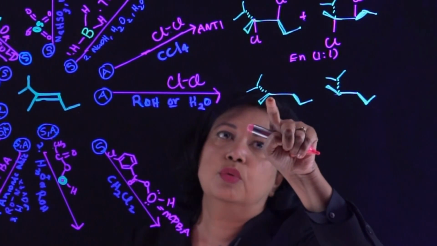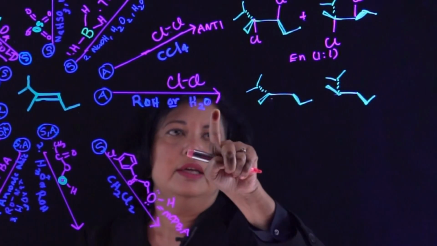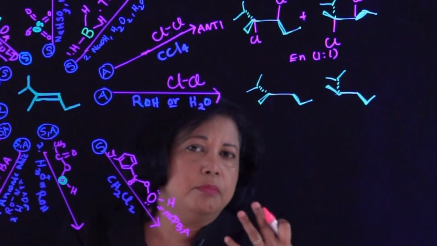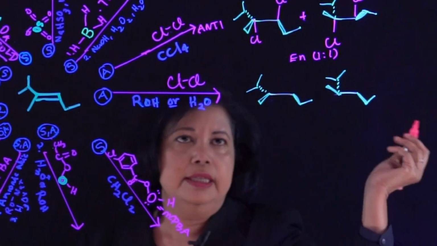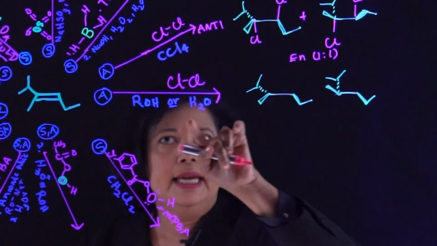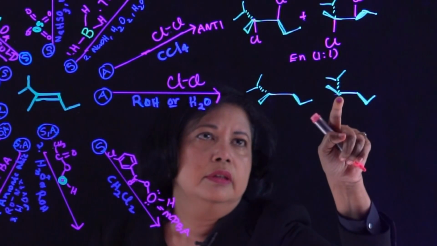It's going to attack right here, more substituted. It's not really going to prefer to attack here because this tertiary center can bear that positive charge a lot better than the secondary center, and we talked about it. So over here, you're going to get attack of alcohol or water here and here, not here.